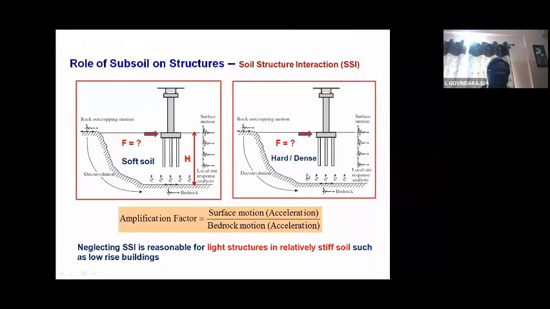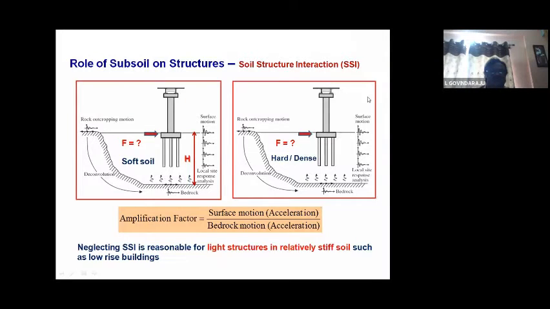The same F equal to ma, and as these accelerations get modified through the overlying dense material, the acceleration is different here, but the force F is not identical, it will be different here. So we have altogether a different seismic force at the base of the foundation, and eventually this will cause vibration of the structure and undesirable displacements or deformations in the structure.